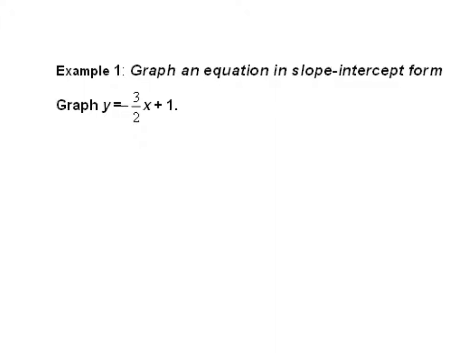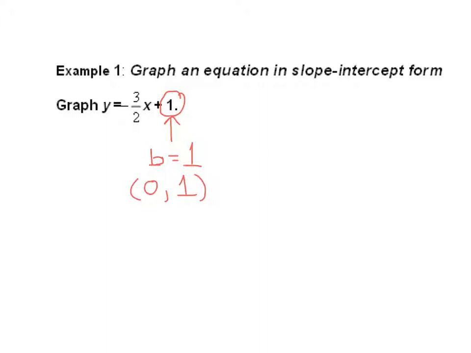Step 2, identify your y-intercept. That's easy to do because that's always that b value plugged in at the end. So since b is equal to 1, I'm allowed to start by plotting the point 0, comma b, which in this case will be 0, comma 1.